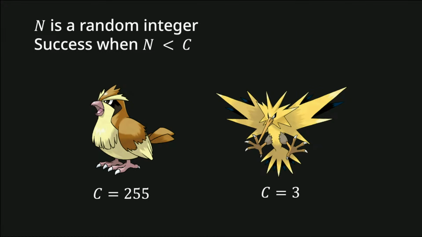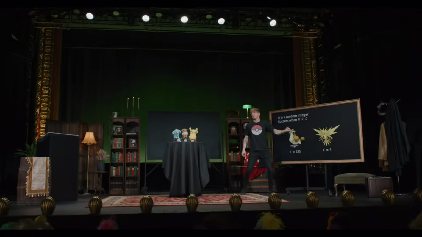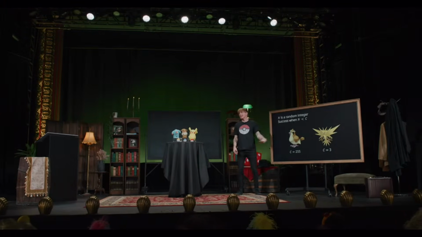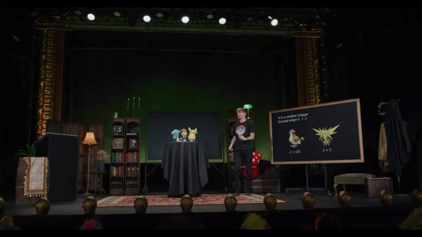So the only integers smaller than 3, greater than or equal to 0, are 0, 1, and 2. As we can see, there are very few selections for the value of n that mean we catch Zapdos, which is why Zapdos or other legendaries are very difficult to catch.